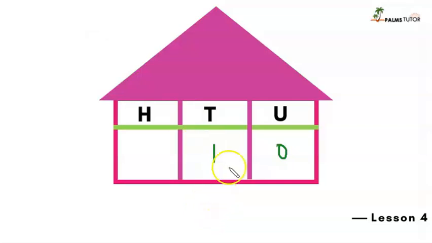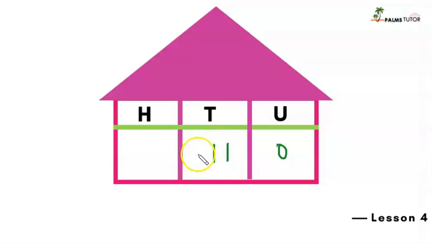We can never have 10 tens or 11 tens. That's not possible, because 11 tens is already 100 and a 10. That's what it means, because we have a bundle of 10.